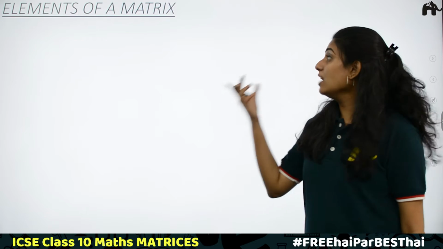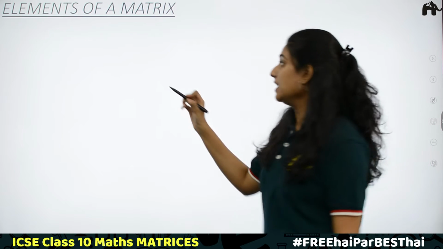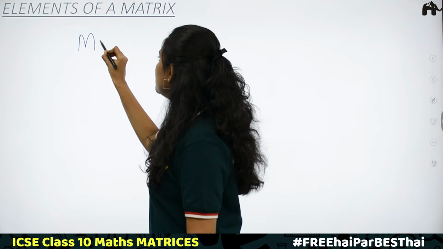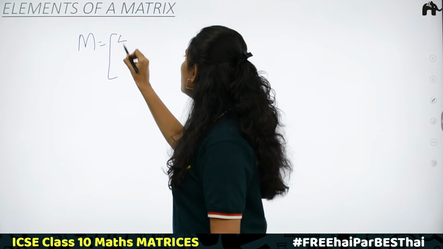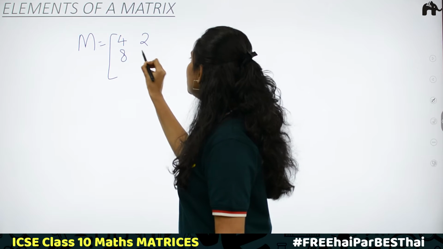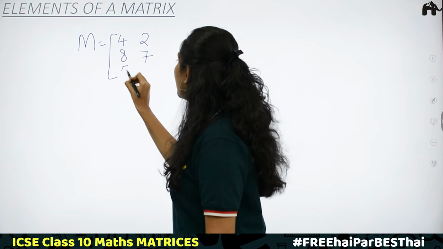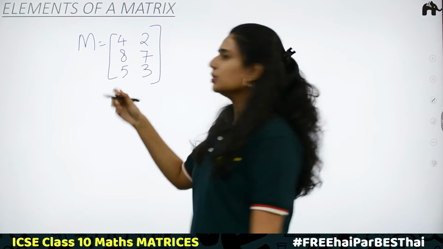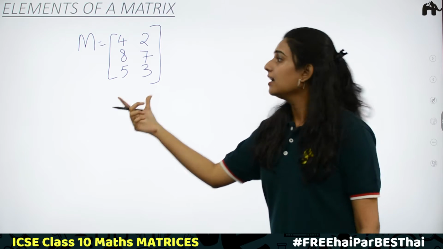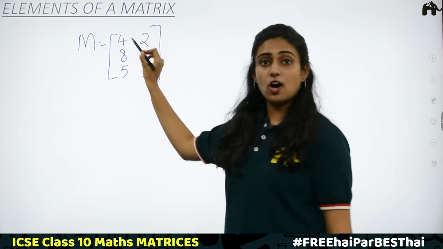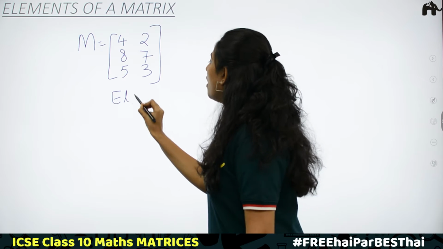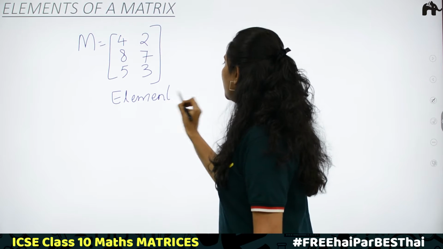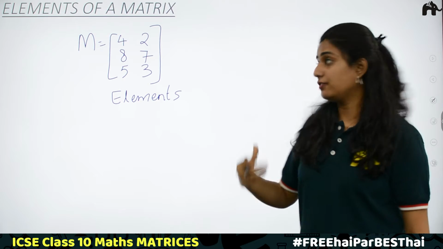Now let's understand what elements of a matrix are. In our previous example, we had M is equal to 4, 2, 8, 7, 5, 3. You know what these numbers are, right? So these numbers are called the elements of the matrix.